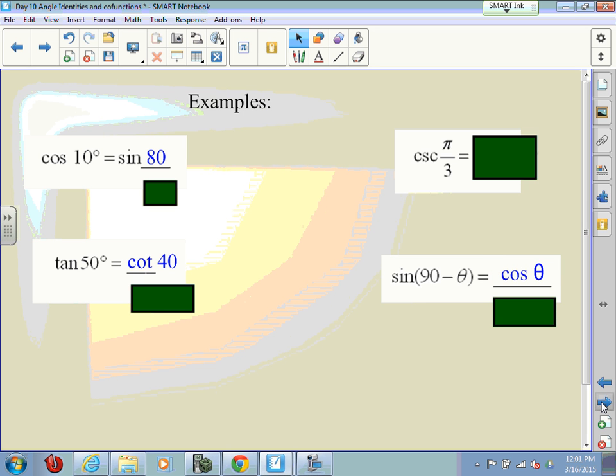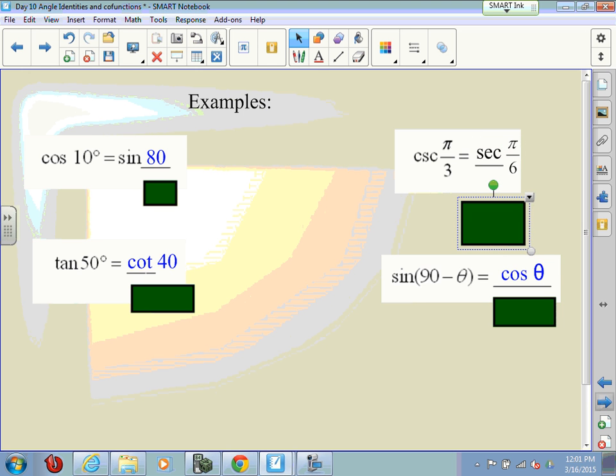Cosecant pi over 3. Not sine. You were right when you started. Secant. This is 60, this is 30. 60 and 30 make 90. Cosecant and secant are cofunctions.